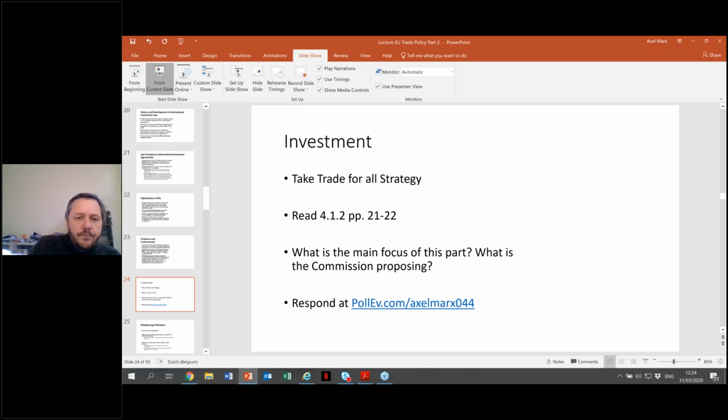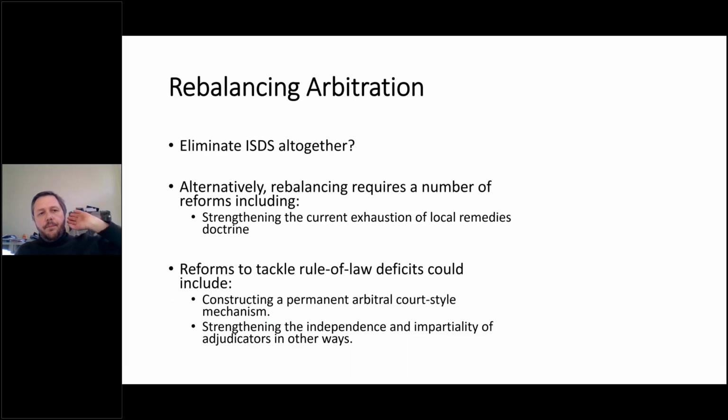And so there's a need to rebalance the arbitration system. I think a few important elements is that there is a discussion on whether to eliminate ISDS altogether.